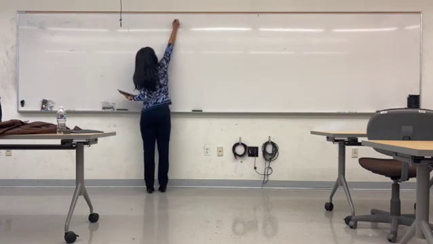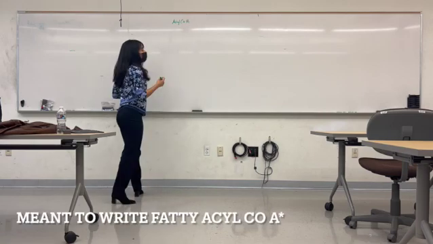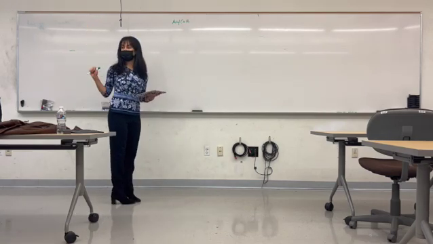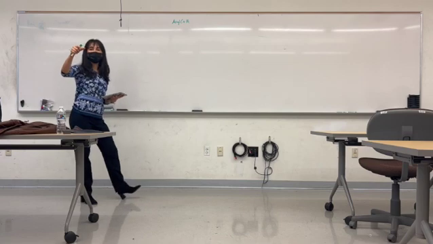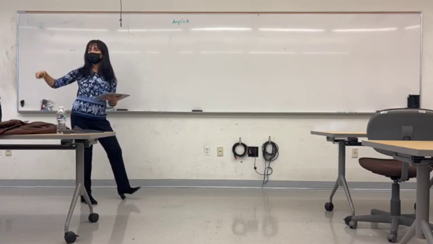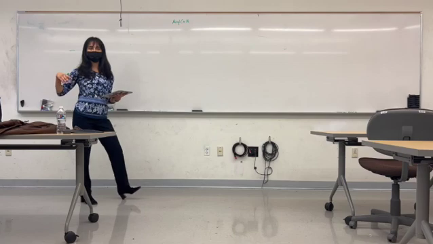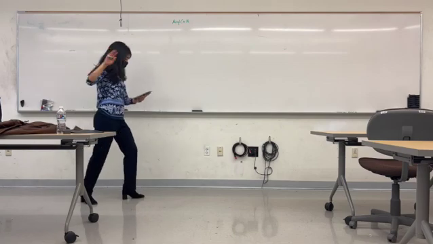Start right here, acyl CoA. There are 4 steps in beta oxidation, right? Tell me at least the names of them, like oxidation, hydration. You guys know thiolase, right? Okay, that's fine. I'm going to do it then.